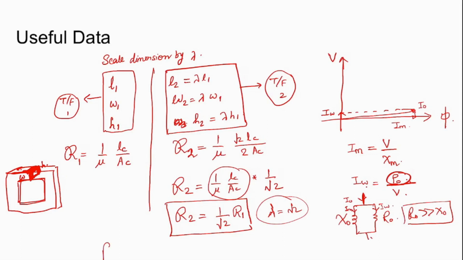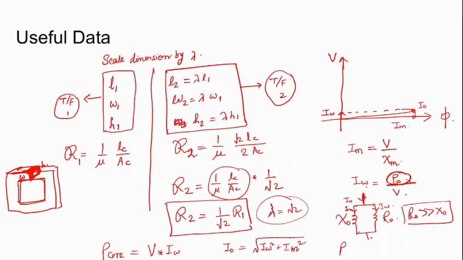One thing also you need to remember: core loss P core equals V into I omega, the in phase component of no load current with voltage, and I naught equals root of I omega square plus I magnetizing square.